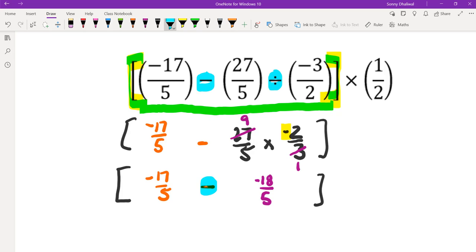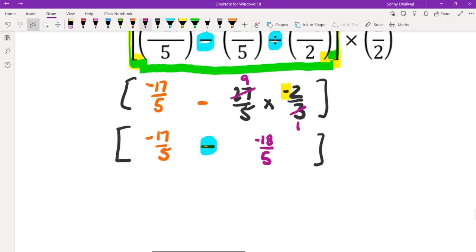When we're subtracting, what needs to be in place before we can subtract? Same denominator. We need to check the denominators, and they are the same. So we can just combine the numerators. The denominator stays the same. On the top, we have negative 17 minus negative 18.